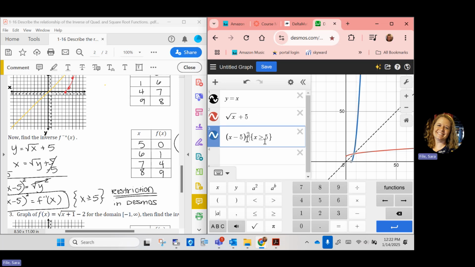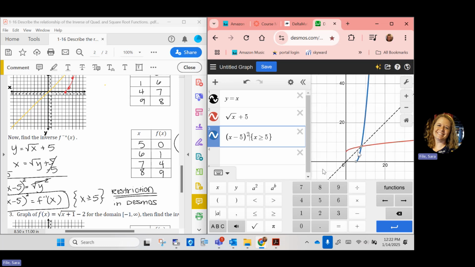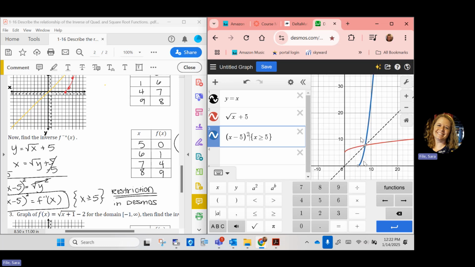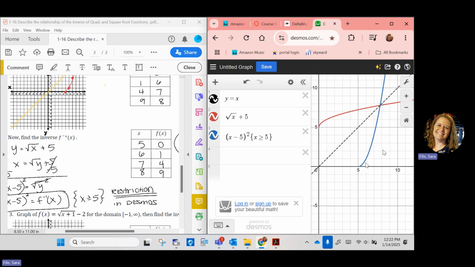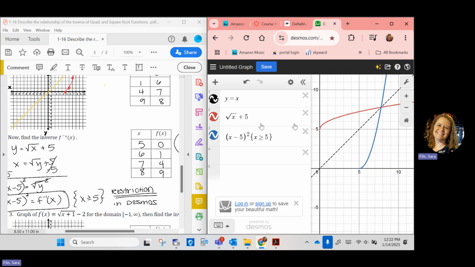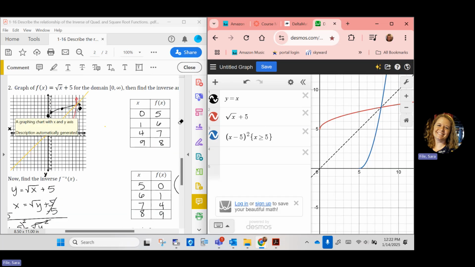Maybe we take the comma out. Yeah, so you don't need a comma. So you'll just write the equation and then use those braces to put your restriction. And now it will graph just that half of the parabola. Okay, it'll have that restriction in there. And we can see that looks good. That looks like what we graphed over here. Okay, so that's how you'll type your restriction.